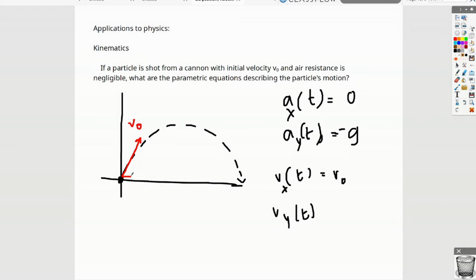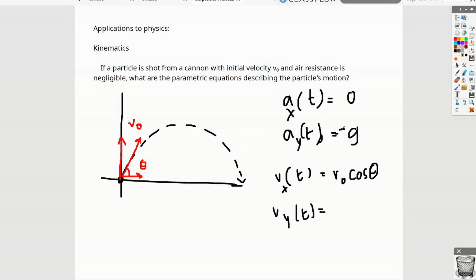So if we want to decompose it into our horizontal and our vertical directions, let's say it makes an angle theta with the ground. Our horizontal component is going to be v0 times cosine of theta.